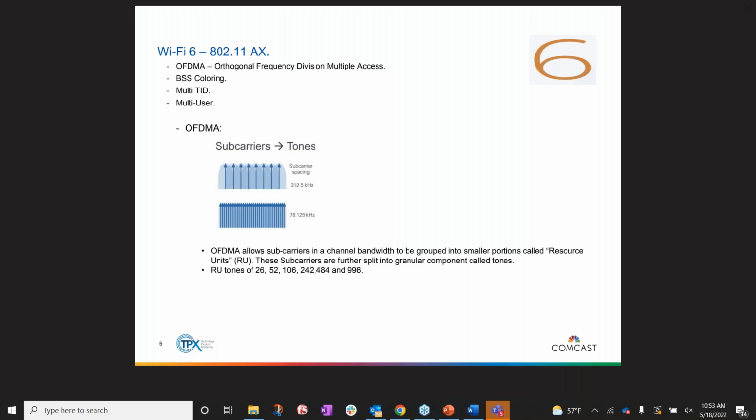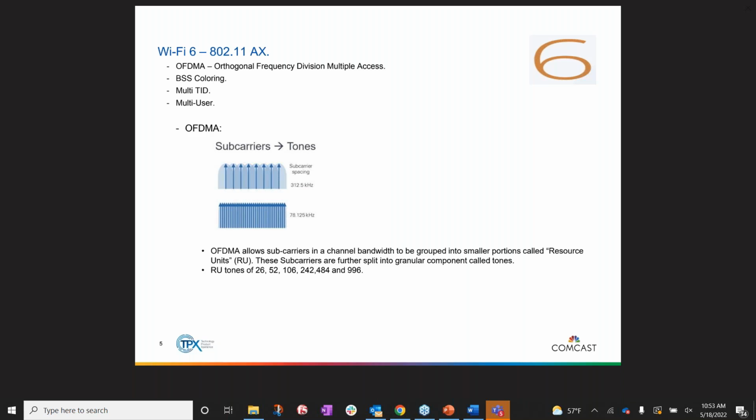So if you see traditional access up to 11AC, only one station can send traffic at one point of time. So other stations have to wait until the active transmission is done. So this is a big change that has been introduced in OFDMA.